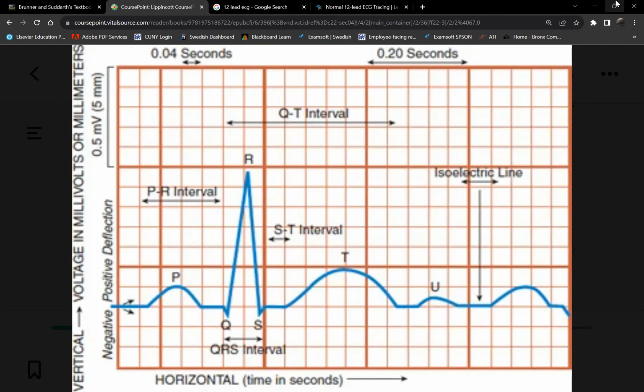Okay, so therefore, do we want to see a PR interval? Yes, we want to see a PR interval. However, will time ever wait? Will time ever be longer or shorter? Will 1 minute be longer than another? It'll be the same. So let's say in 60 seconds, since this is one heartbeat, PQRST, that's one heartbeat.